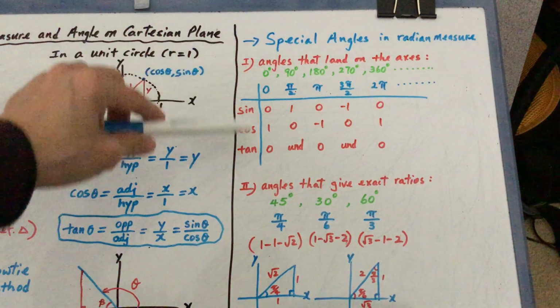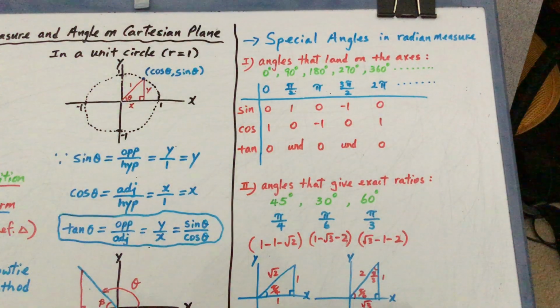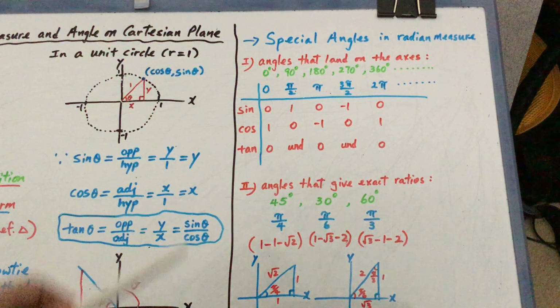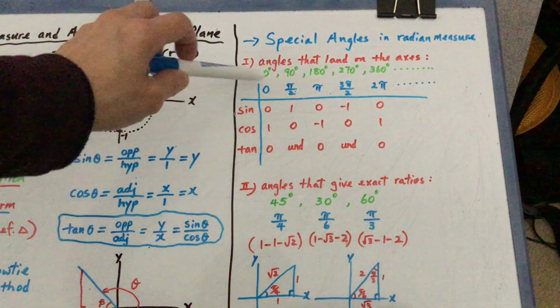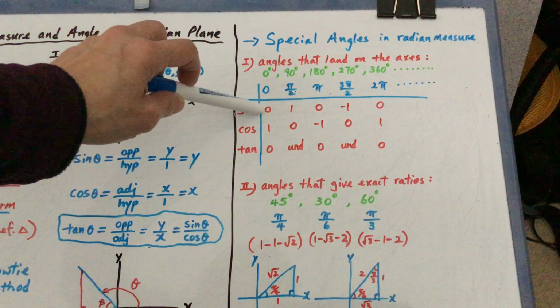So I formed a little chart here to help you get some of those measures, the ratio of the sine length. When you're taking the sine of 0, you get 0.